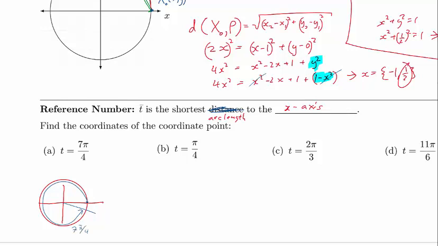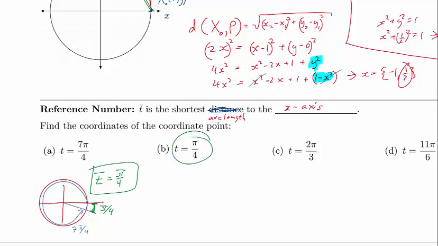And so note that the shortest arc length to get to the x-axis here is going to be pi over 4. And so that's our answer. Pi over 4 is our reference number.